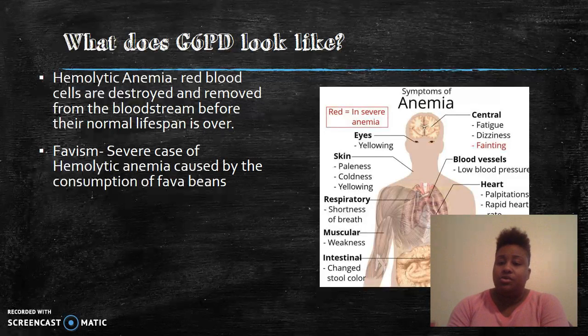And in severe cases, you can have chest pain and a heart attack, and your spleen can be enlarged. Because the spleen is the filter, and that's where all the red blood cells go when they're destroyed, it can become enlarged because your red blood cells are going at a rapid rate.